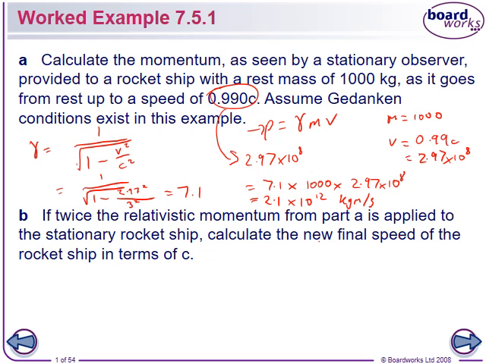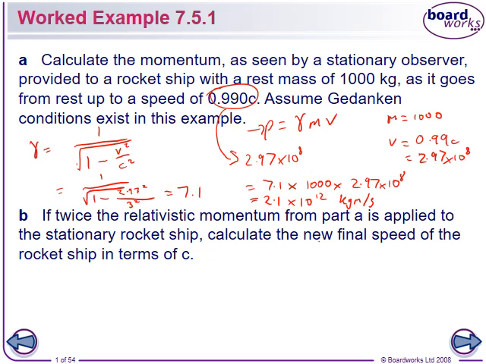So if you're a stationary observer, that is what you would observe the momentum of that spaceship being. Now, here's the really interesting bit. We want to apply twice the momentum we found in part A. If we take twice that momentum and apply it to our stationary rocket, calculate the new final speed of the rocket in terms of c.